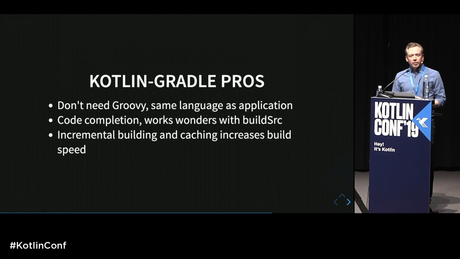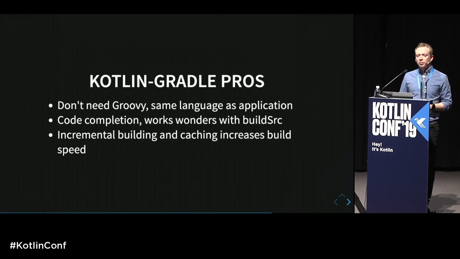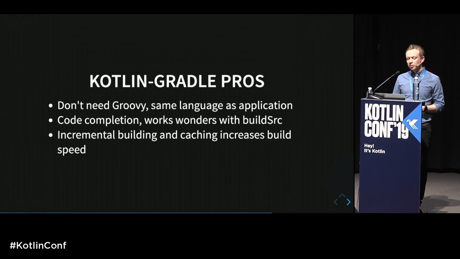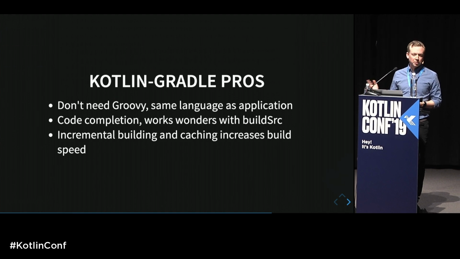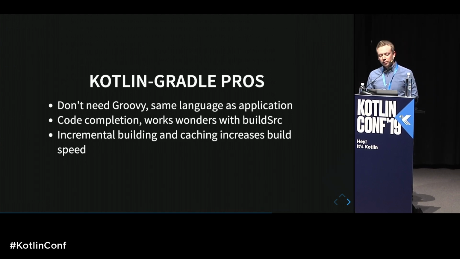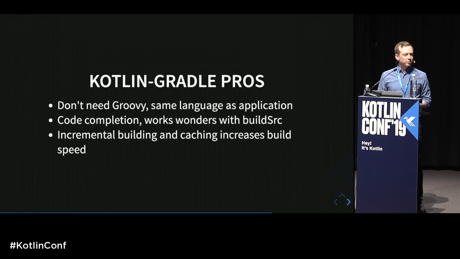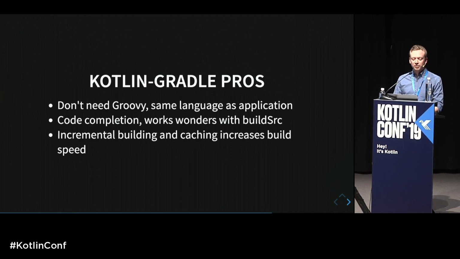So there are advantages, of course. You don't need Groovy. So you can use Kotlin in the build script as well as your application, which is nice. You get code completion. I still remember the first time I had code completion in the build script. That was a great day.